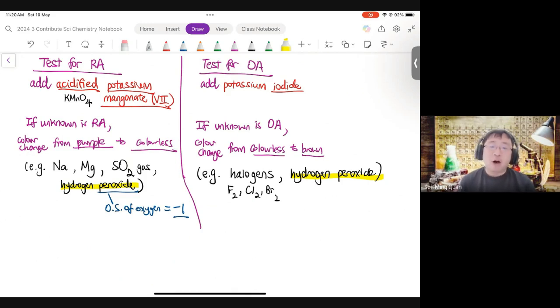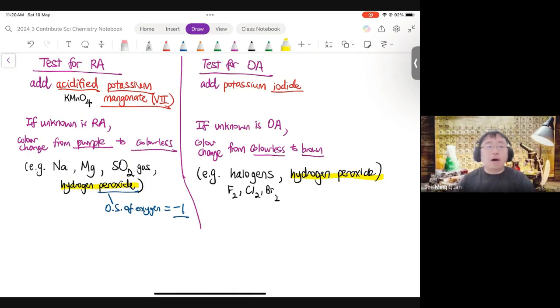Now, summing up the lesson today, we started off by going through the main rules for how to assign oxidation states. After finishing the rules, we went through the format of explaining what is reduced and oxidized. So please look through the format once more. How do you write the answers?